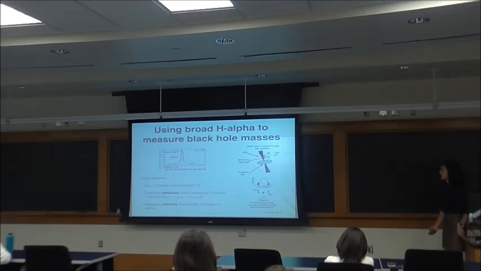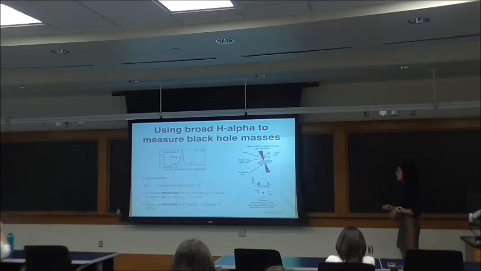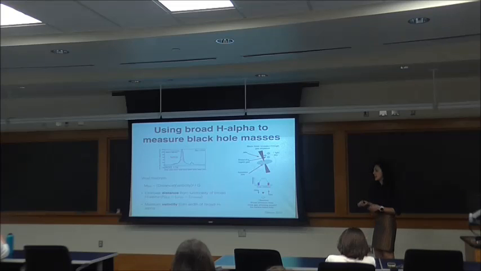I'll just say a few words about using broad H alpha to estimate black hole masses. This is one of the only ways that we can measure black hole masses for these dwarf galaxies. If you assume that the gas in the broad line region is in virial equilibrium, you can get a black hole mass if you know the distance to this broad line gas and how fast it's moving.